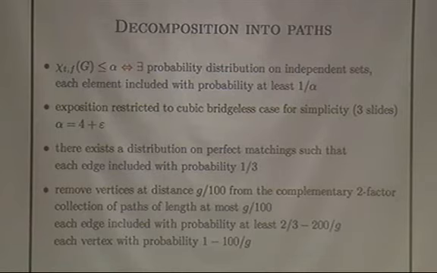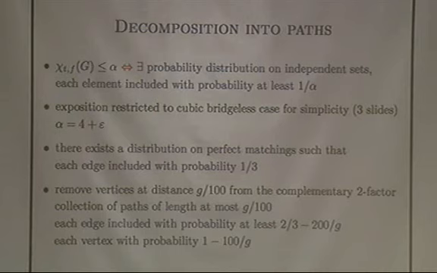So what we now do is that we remove some vertices from these cycles, and roughly we remove vertices at distance g over 100, and this 100 is rather a randomly chosen constant which slightly varies in the proof, but let's say it's g over 100 now, and we obtain a collection of paths whose length is at most g over 100.